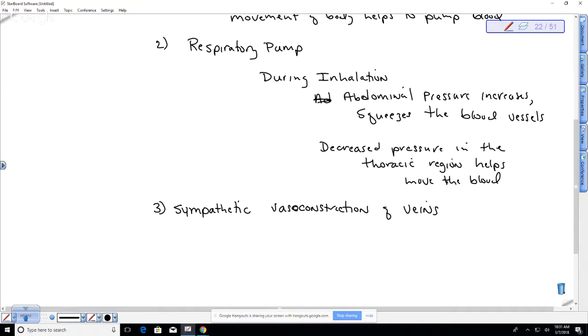Remember vasoconstriction, you decrease the diameter, and that builds pressure and helps the blood move up. Okay? And then also remember that we have valves, and that helps to prevent backflow.